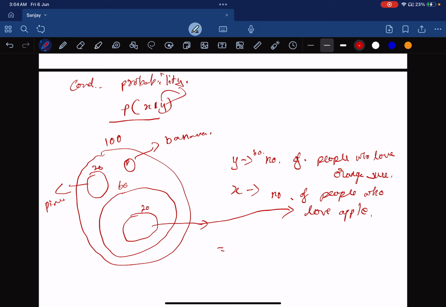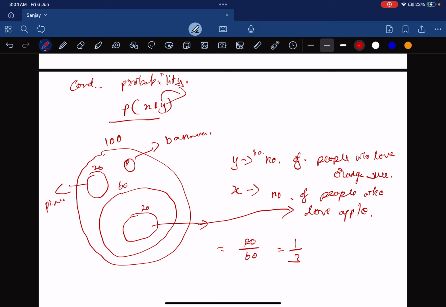So the probability looks like 20 by 60, and it's 1 by 3. So among the orange juice lovers, one of every 3 persons loves apple juice. This is how the conditional probability works.